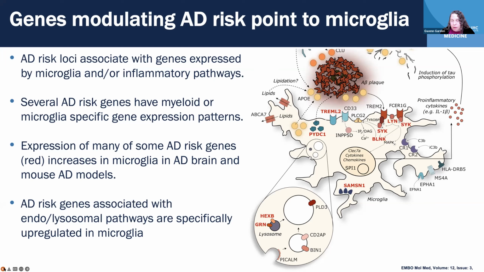Some of the other ones, like PLCG2, which is really interesting, and CD33, also interesting, have coding region variants that are associated both with increased and decreased risk of developing AD. So those are also exclusively expressed in immune cell types.